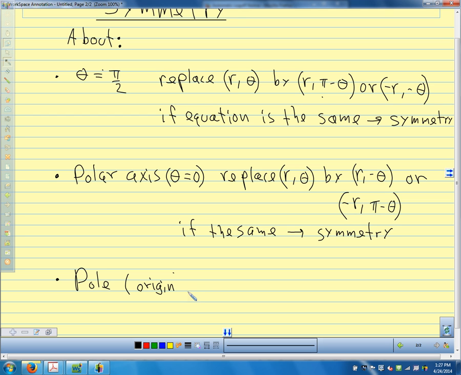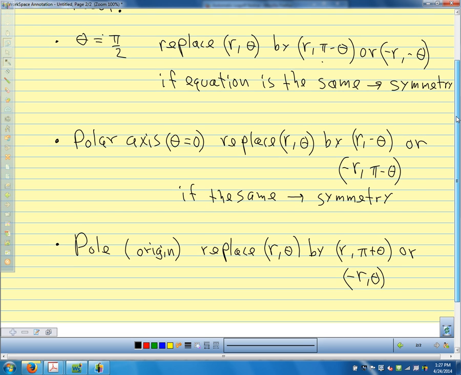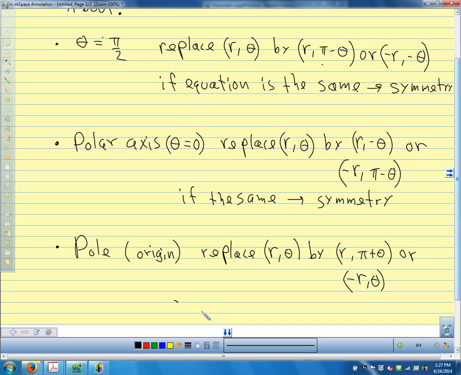To test for origin symmetry, we're going to replace our theta by r, pi plus theta, or minus r, theta. If our equation turns out the same after we do that substitution and simplify, then we have symmetry about the pole.